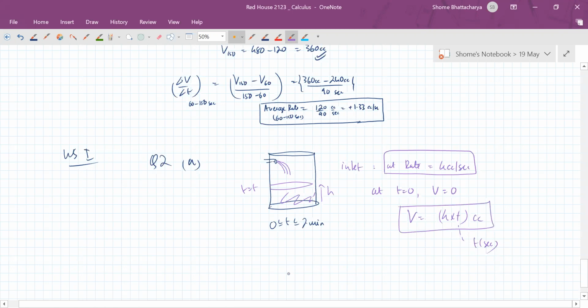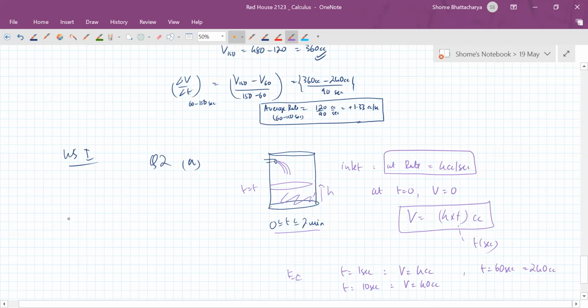For example, if we take t equal to 1 second, the volume will be 4 cc. If t equal to 10 seconds, the volume would have risen to 40 cc. If t equal to 60 seconds, that is 1 minute, by now the volume has increased to 240 cc, like this. So this is the situation right up to 2 minutes before the leakage happens.